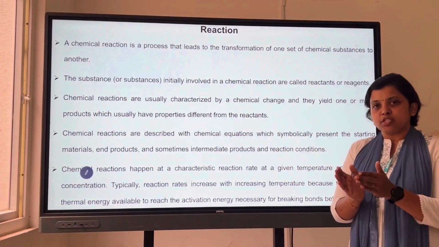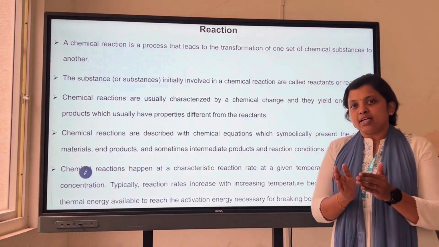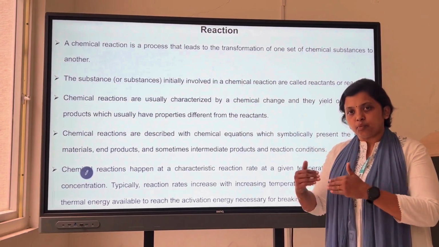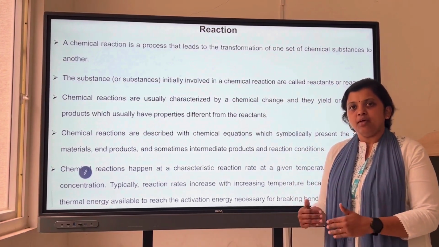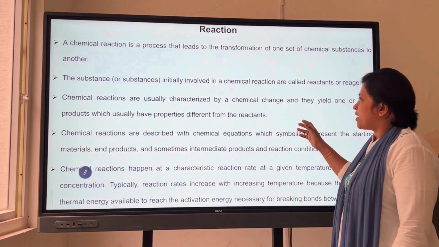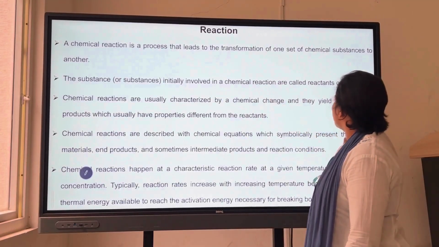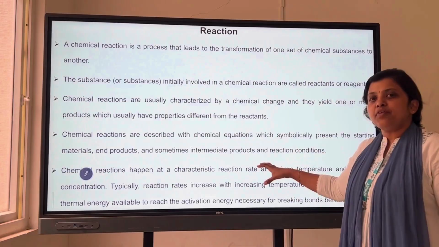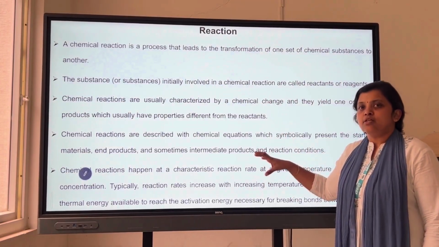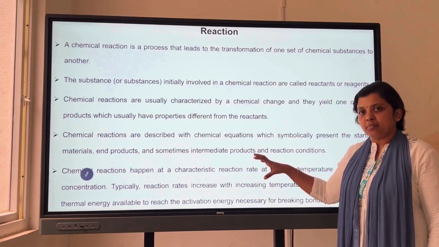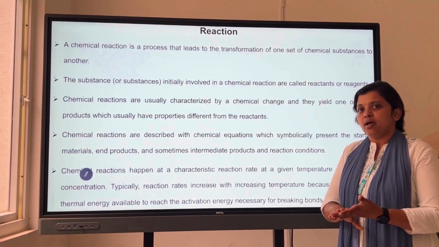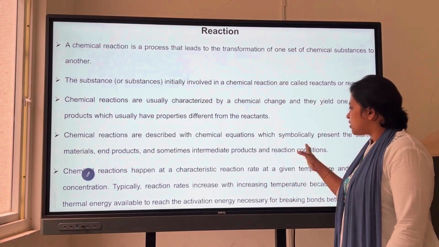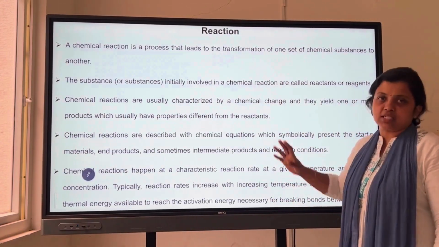The initial substance we take is named the reactants, and the end material we receive is named the product. We give the conditions, right? Those conditions are nothing but temperature, pressure and other environmental conditions. Based upon that, the transformation occurs.